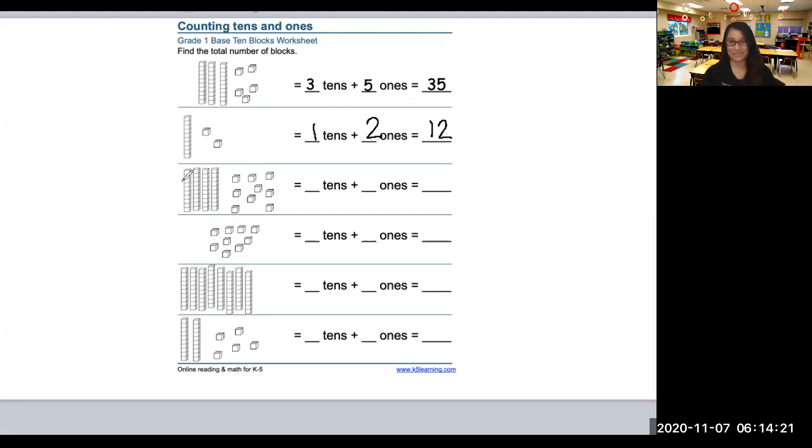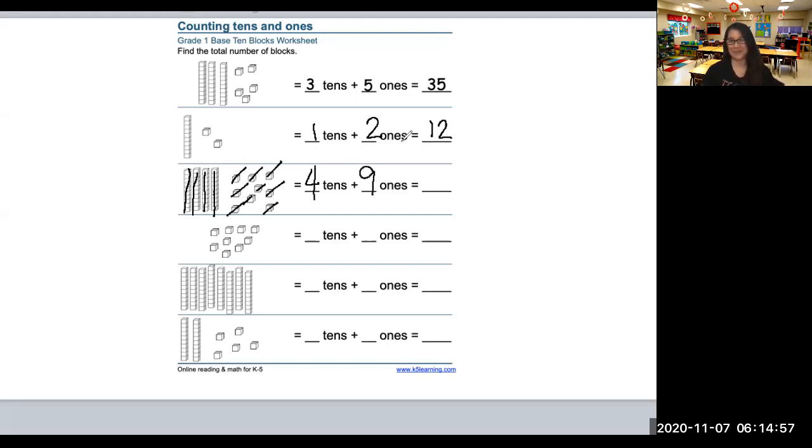How many groups of tens do you see? 1, 2, 3, 4. Yes, there are 4 groups of tens. Now, how about those ones? Can you count them? 1, 2, 3, 4, 5, 6, 7, 8, 9.